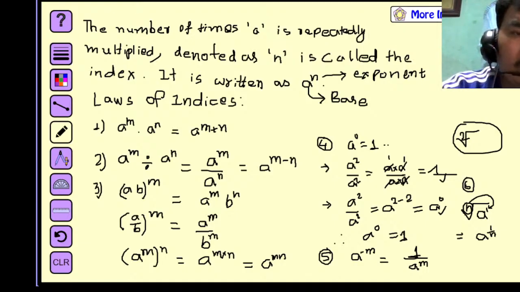Now look there. I want to share the questions from the exercises related to these laws of indices.